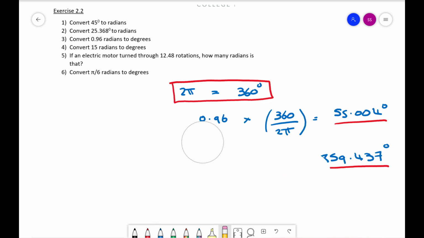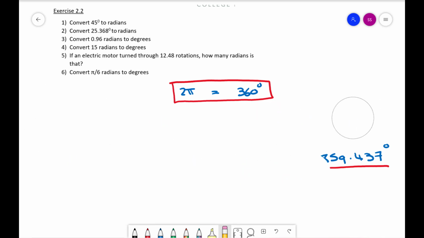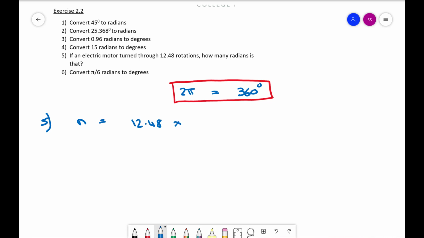Same idea, but just a twist on a theme. And this question 5 here says, if an electric motor turned through 12.48 rotations, how many radians is that? Well, we simply need to know that one rotation, which is 360 degrees, that's 2 pi radians. So therefore our total rotations, I might as well just call n, that's going to be 12.48 multiplied by 2 pi.